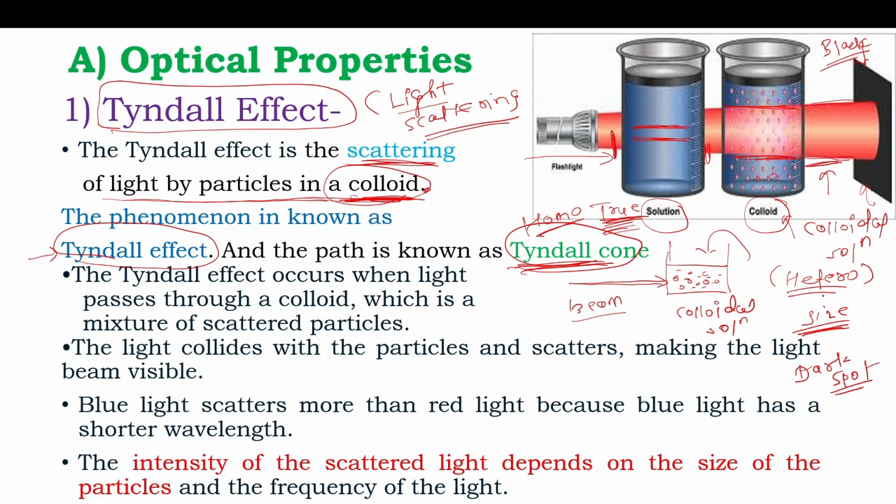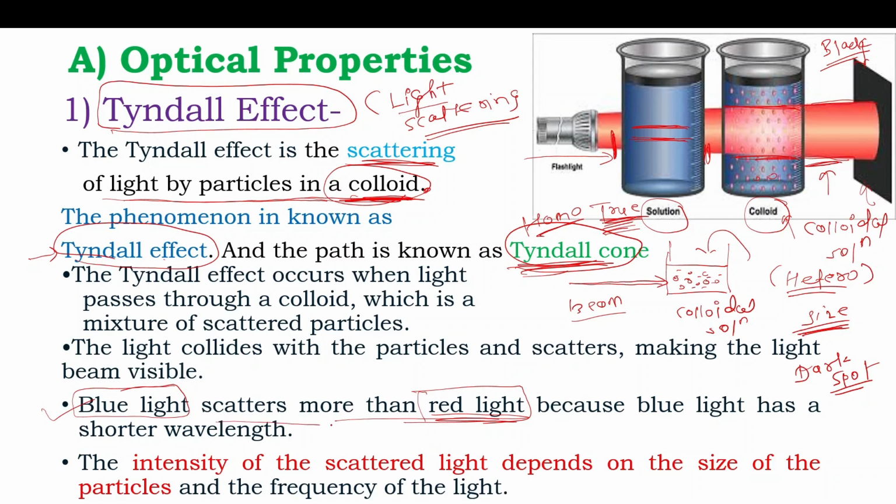So read all the points. First of all, the definition: what is Tyndall effect? What is Tyndall cone? Then blue light. Focus on this point, that blue light scatters more than red light. Why?